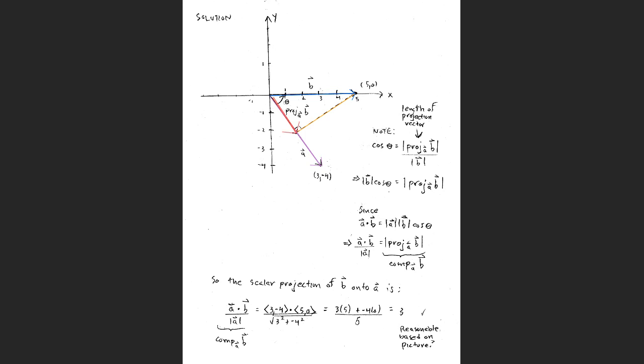This would be your projection. This is called projecting the vector B onto the vector A.